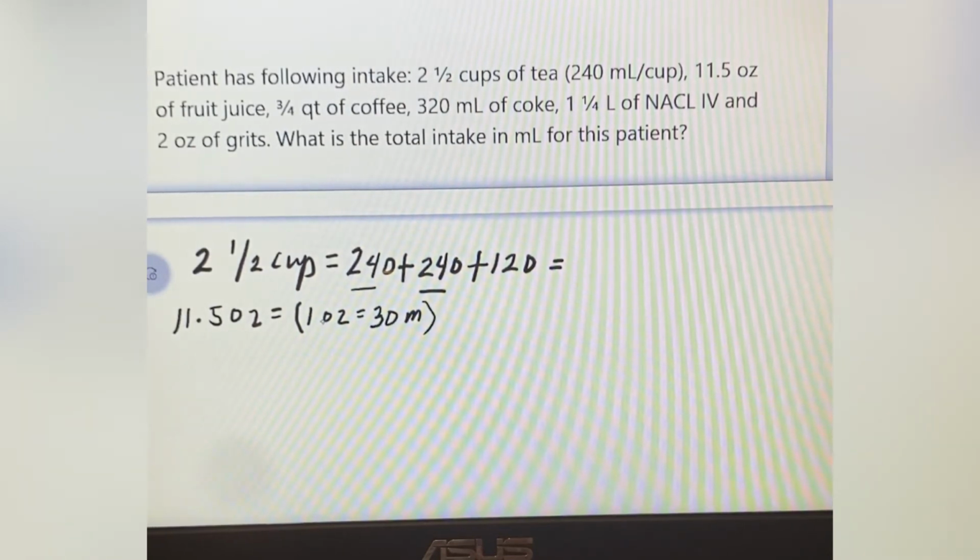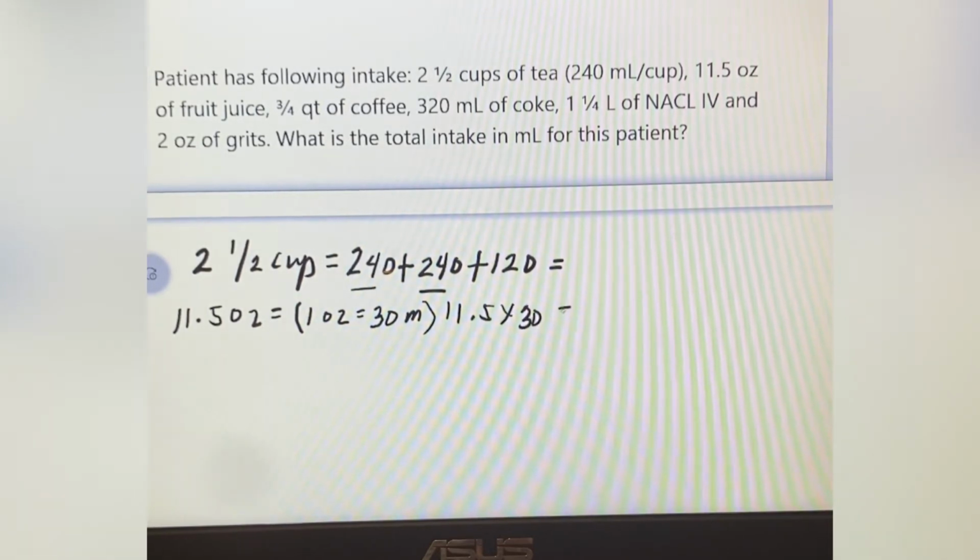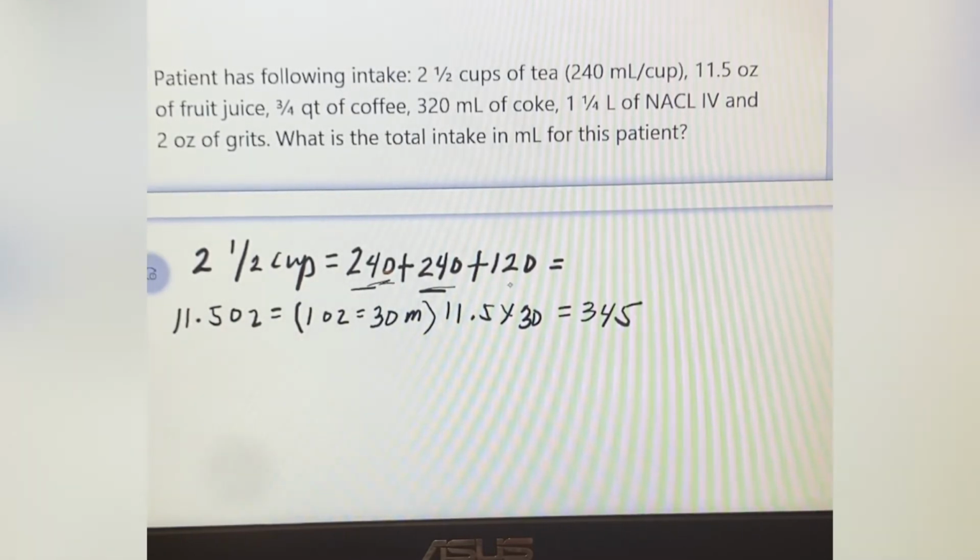That's why 11.5 times 30 ml is equal to 345. This one, 240 plus 240 plus 120 is equal to 600.